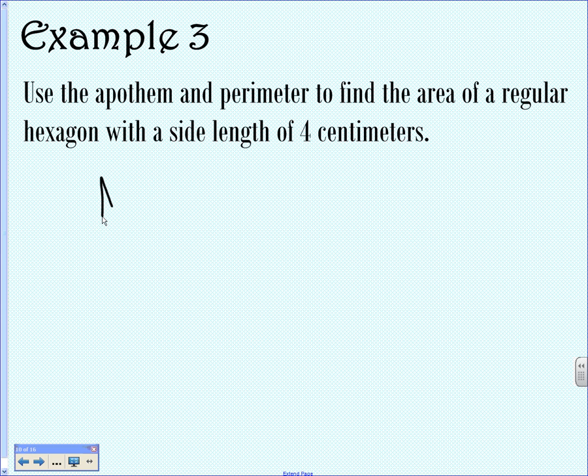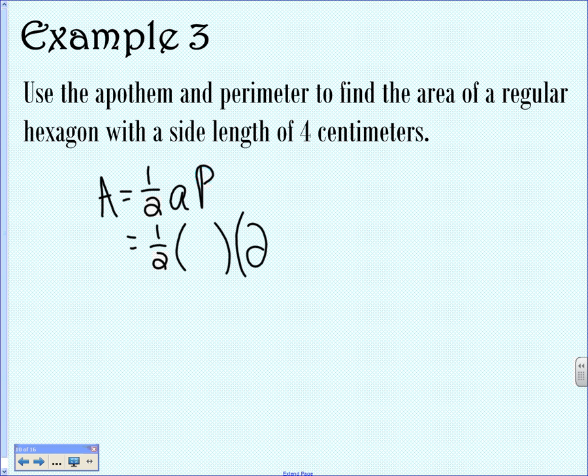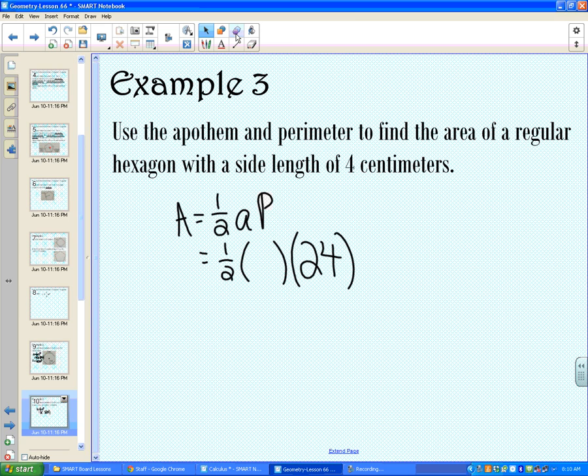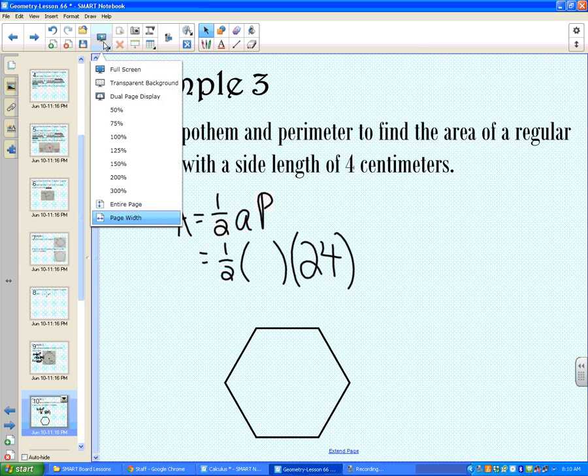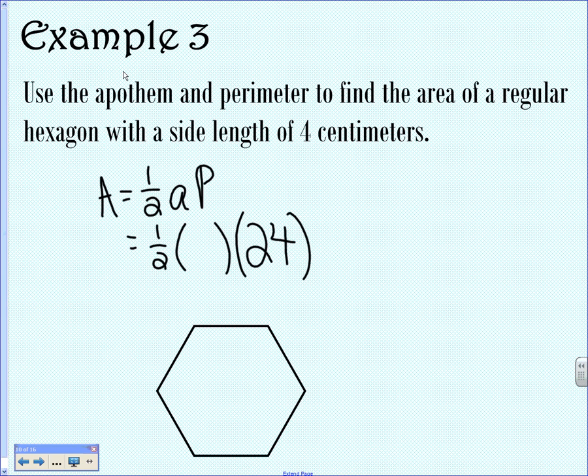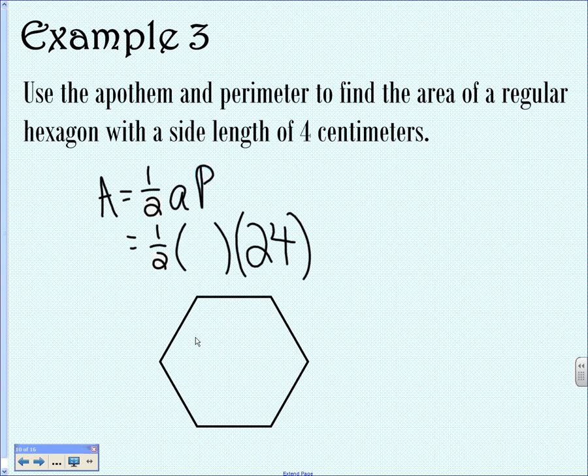Okay, so we got to find our apothem. So I'm going to do a 6-sided figure. What can I fill in? Okay, the center. It's right there. Okay, that's my apothem. What's the length of it?